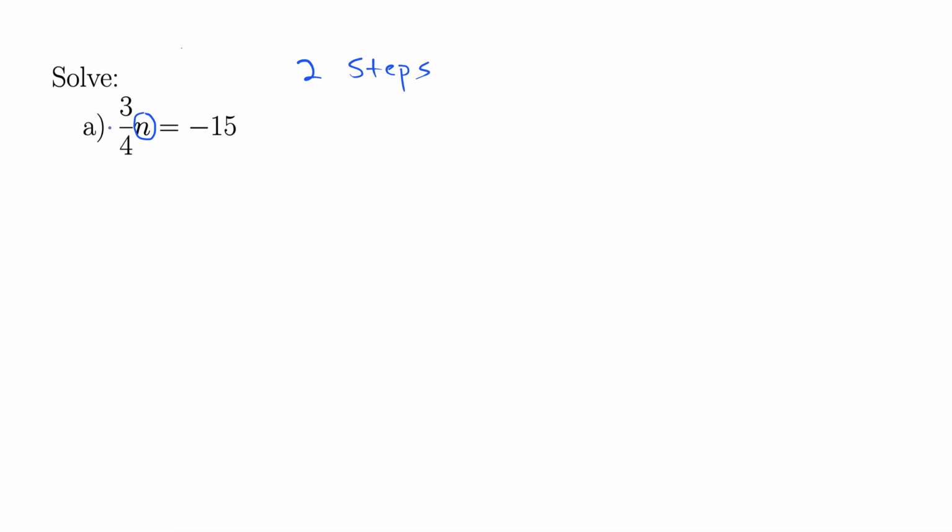To deal with that, I'm going to multiply both sides by 4. Doing that on the left side cancels out, and we're left with 3n equals negative 60.